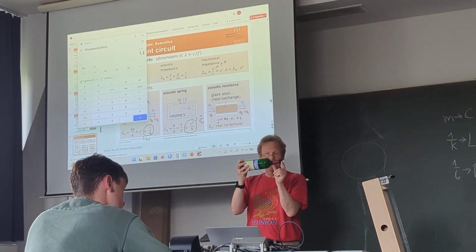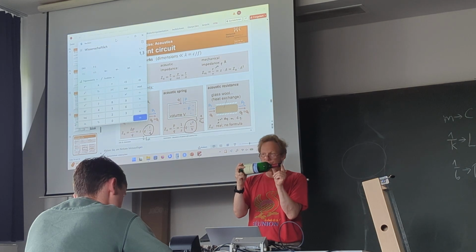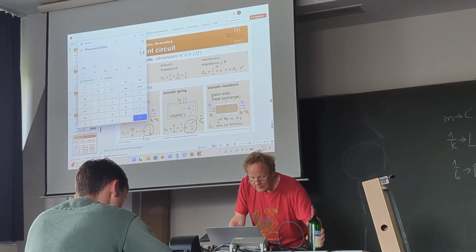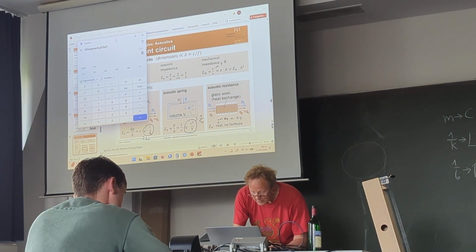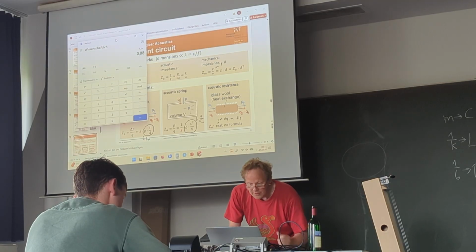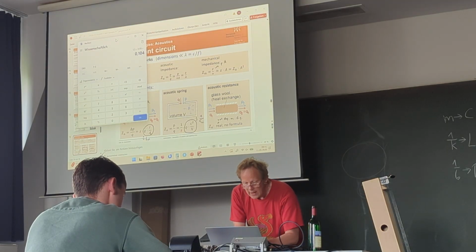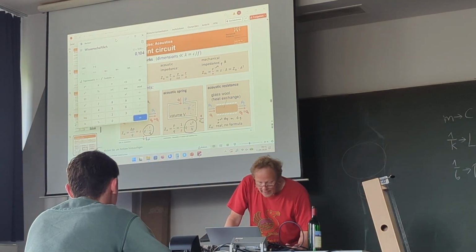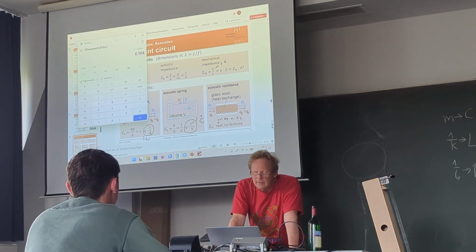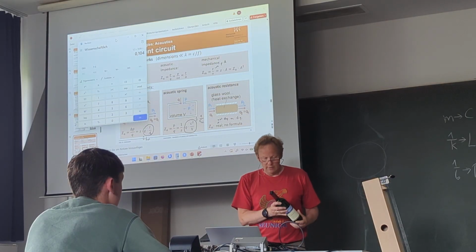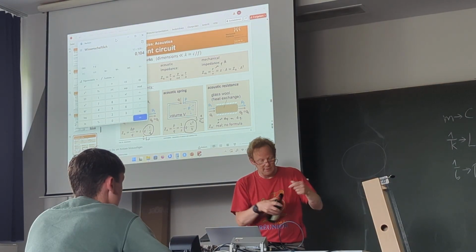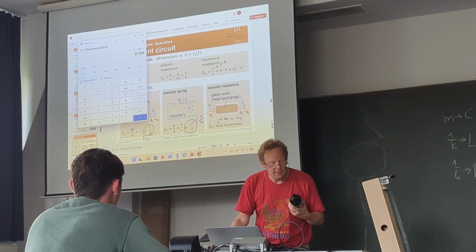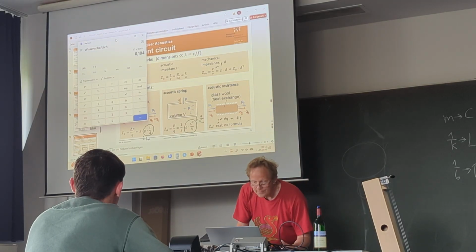The length of the neck was 8 centimeters, which is 0.08 meters. And then we have to divide by the cross-section area, and I think that was 3 square centimeters. Okay, the opening here, 3 square centimeters.